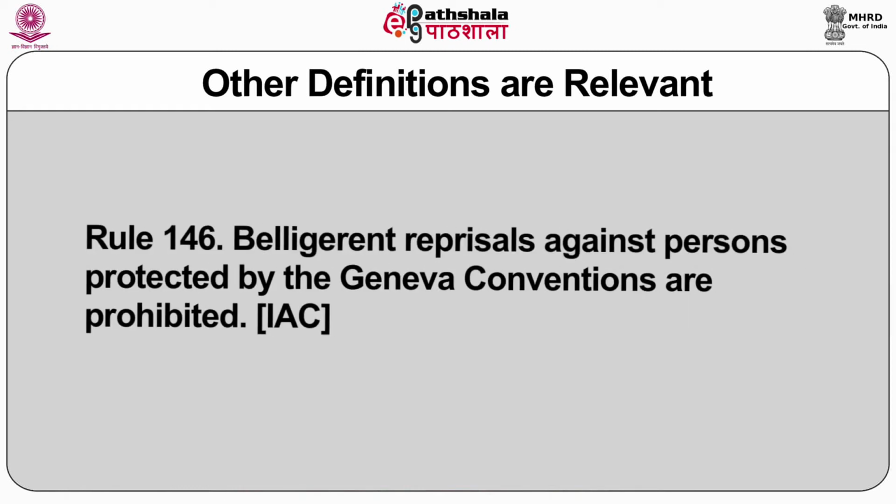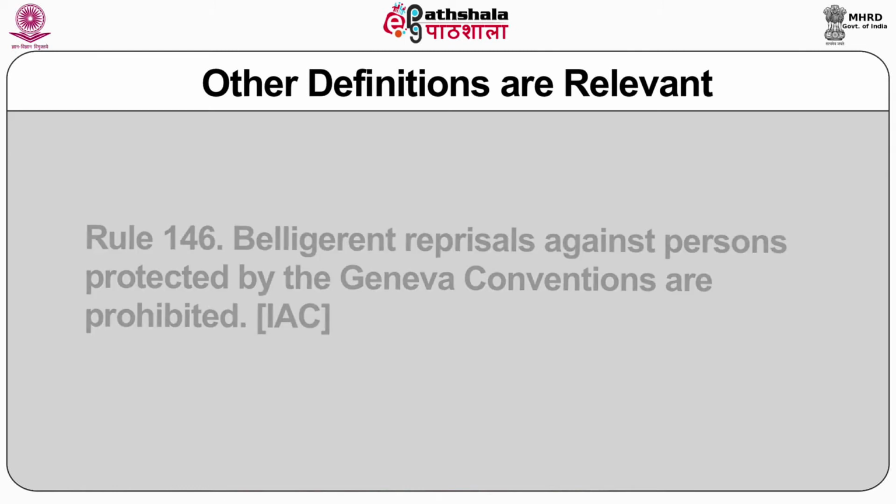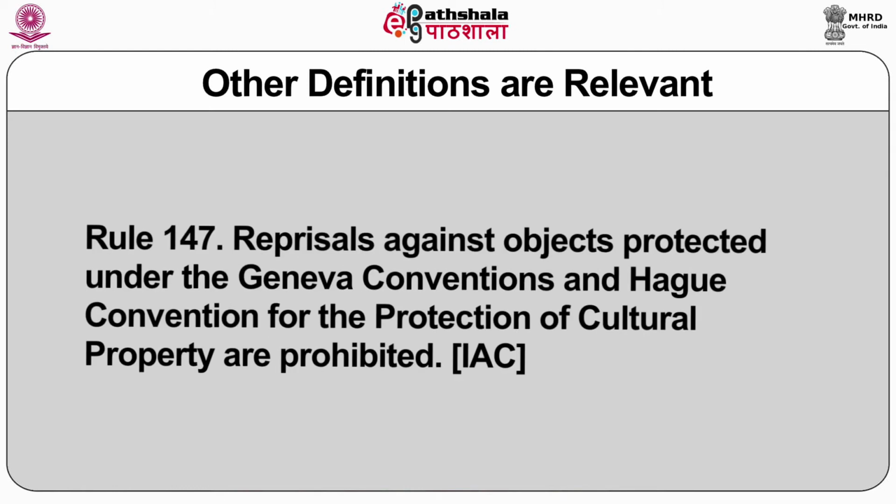Rule 146 says that belligerent reprisals against persons protected by the Geneva Conventions are prohibited. Rule 147 takes us further by saying that reprisals against objects protected under the Geneva Conventions and the Hague Convention for the protection of cultural property are prohibited.